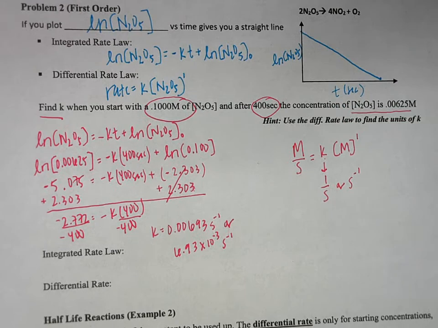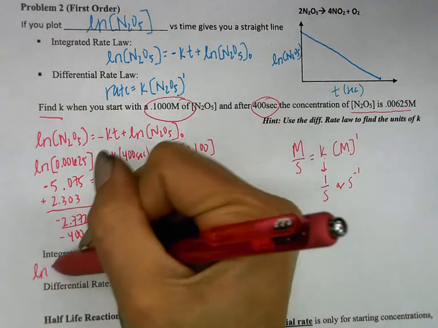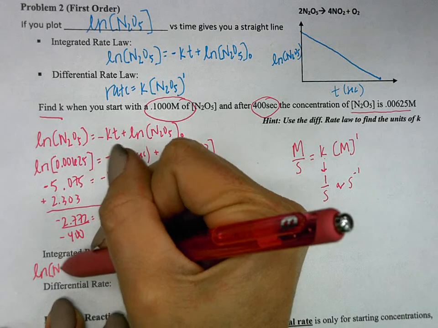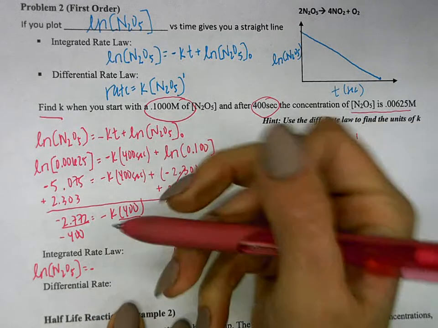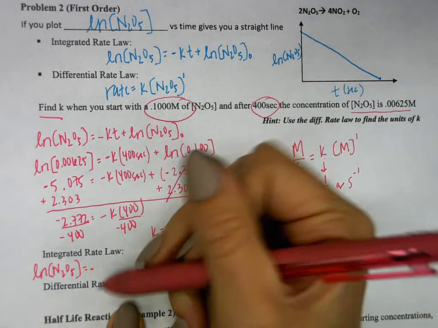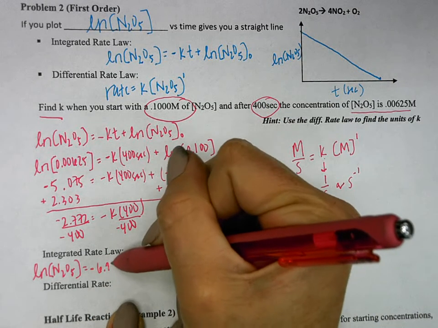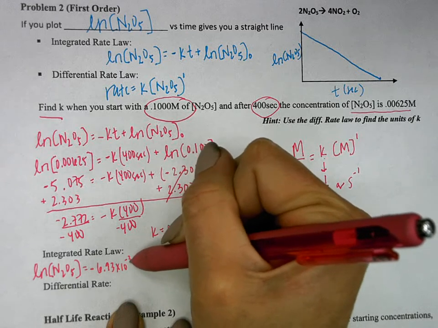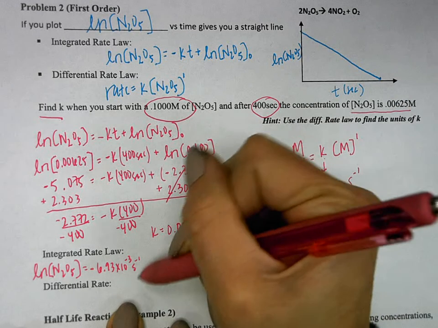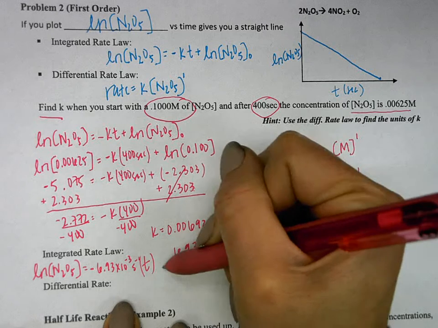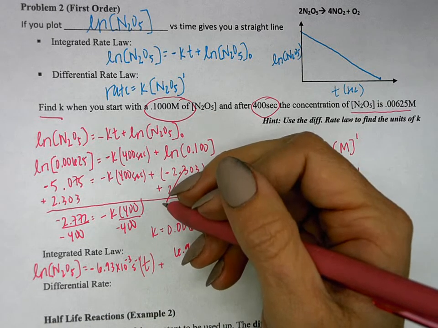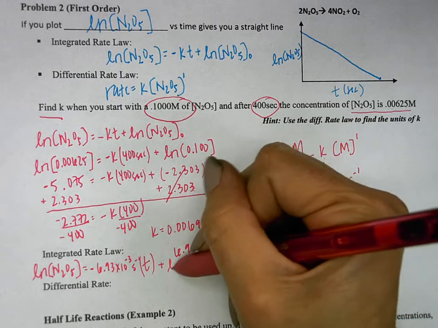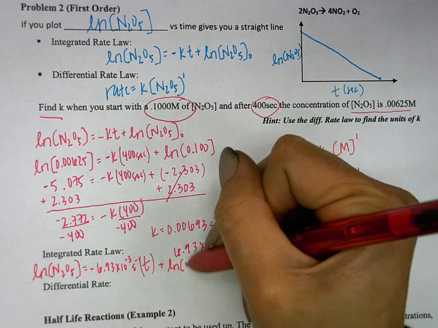Okay, so we found our K values, so our integrated rate law would be ln of the concentration of N2O5 equals negative 6.93 times 10 to the negative third seconds to the negative 1 times time, plus the ln of the initial concentration of N2O5.